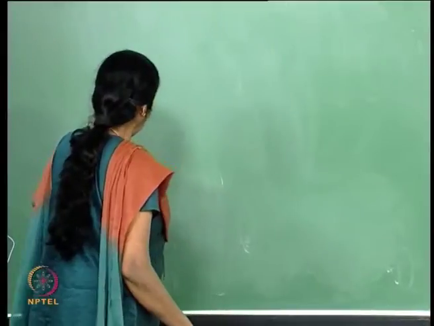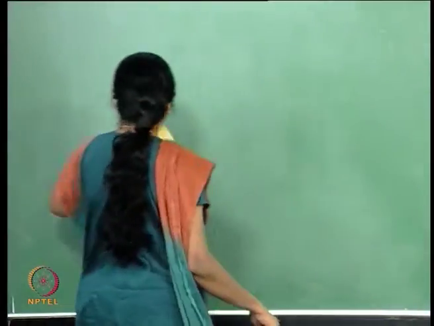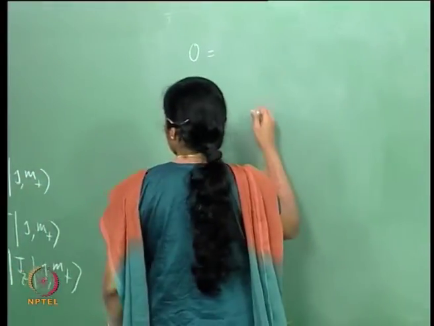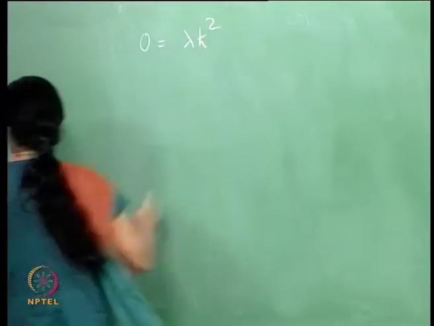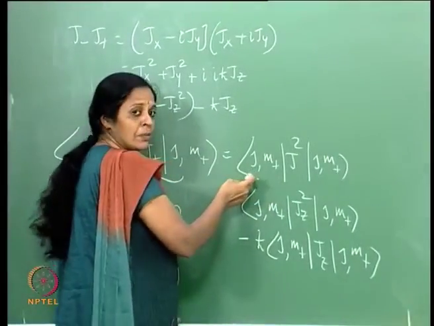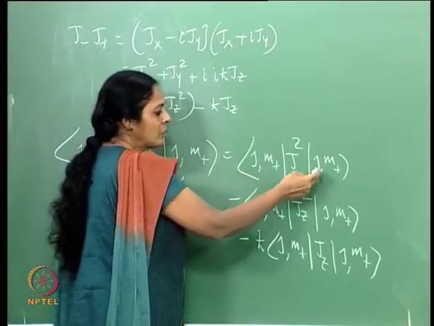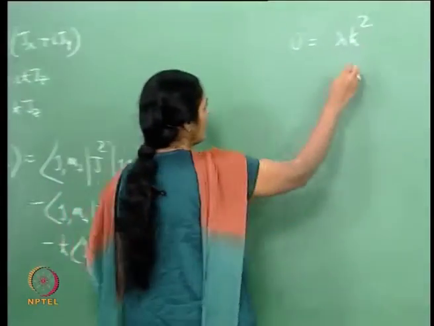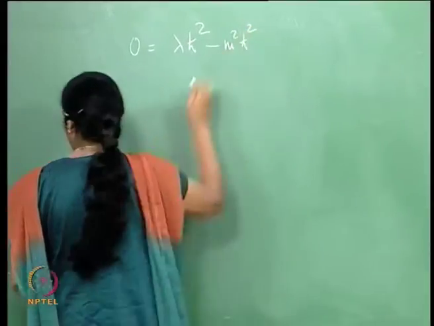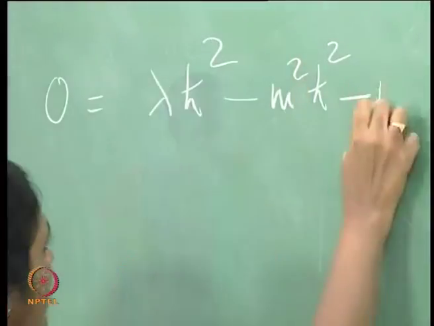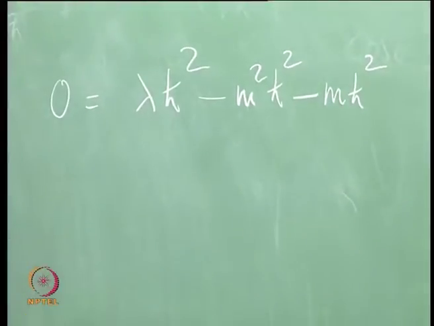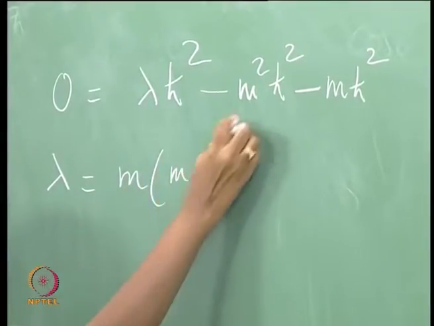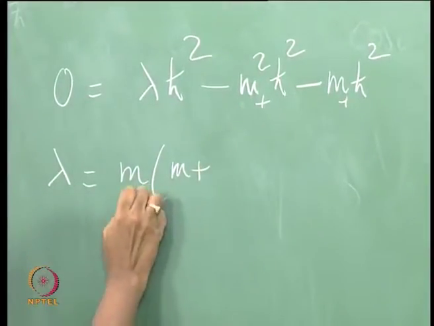And then I have the following. I have 0 is equal to, the first term gives me a lambda h cross squared. These are normalized states. So, the inner product of bra j comma m plus with ket j comma m plus is 1, and therefore, I just get lambda h cross squared from the first term, minus m squared h cross squared from the second term, minus m h cross squared from the third term, which tells me that lambda is equal to m into m plus 1, except that in all these cases it is m plus.